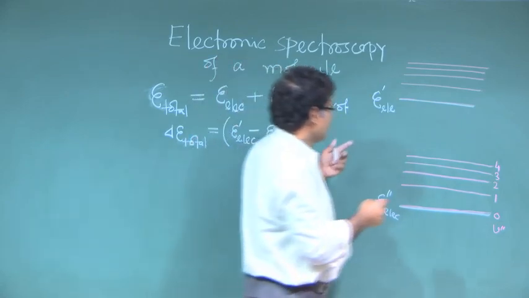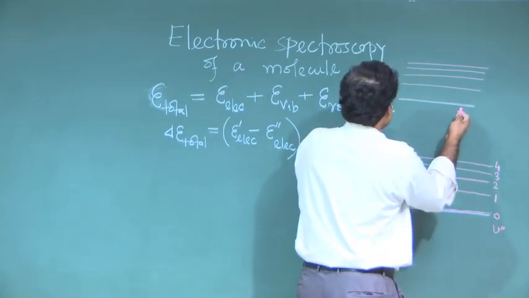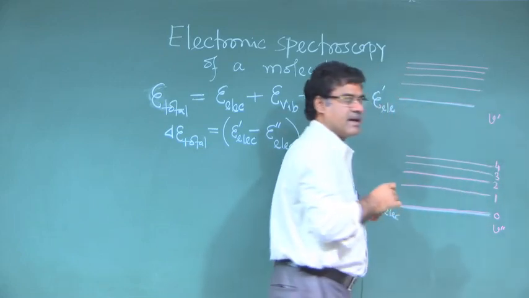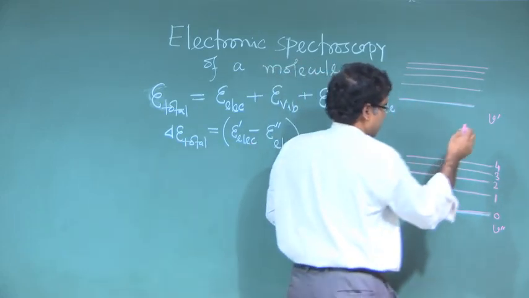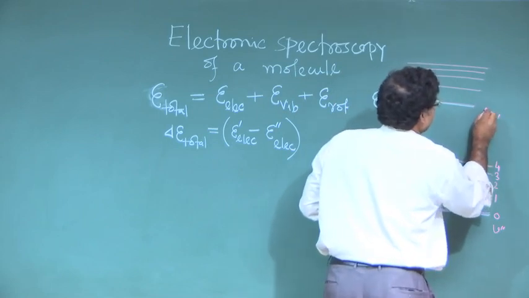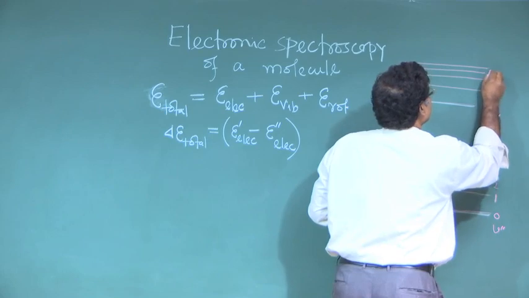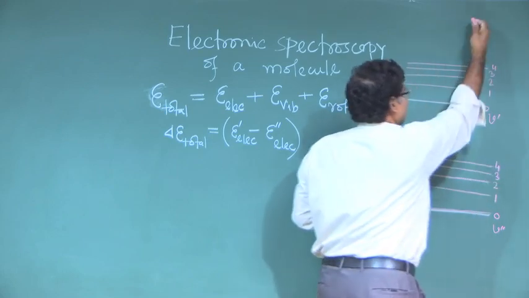Similarly, in this electronic state, if we write the vibrational state as V dash, it will be 0, 1, 2, 3, 4, 5, etc.